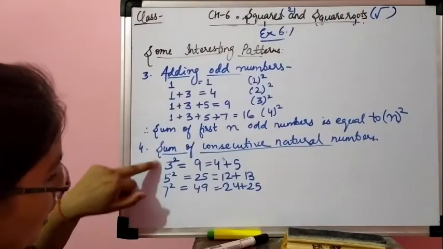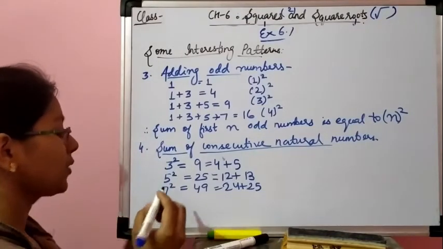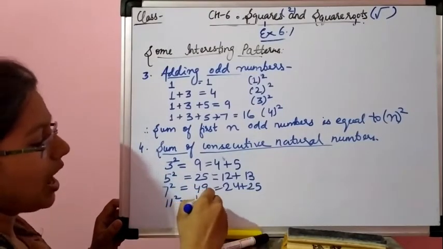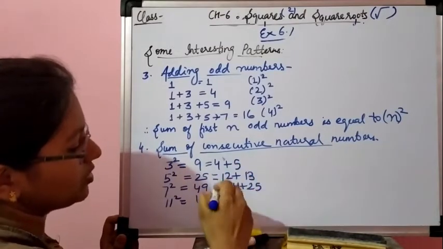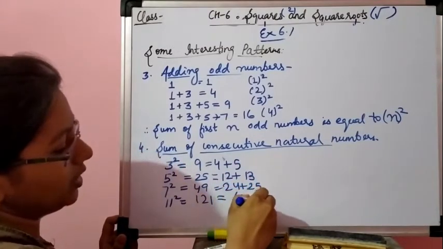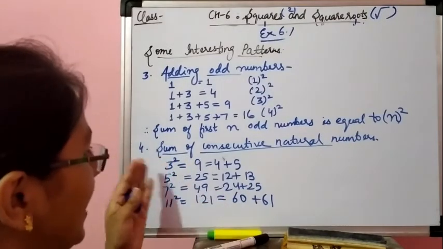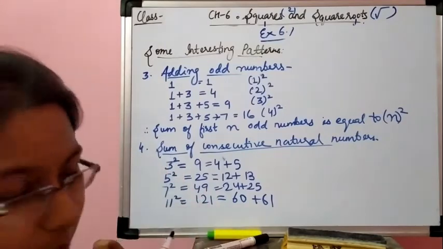You will observe that they are the squares of odd numbers only. Similarly, 11 square, that is 121, and 121 we can get by adding 60 and 61.